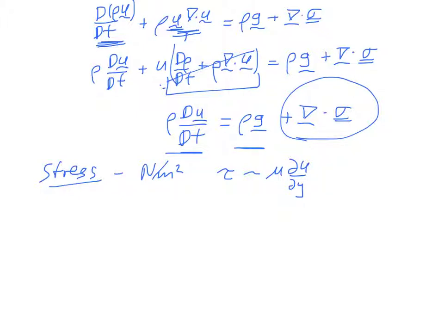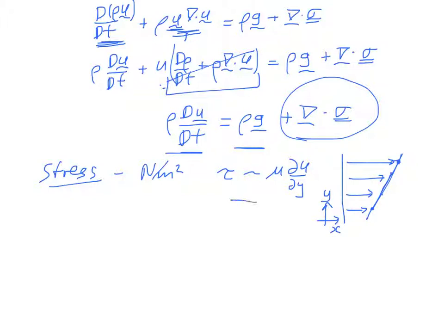For example, let's say we have set up a little coordinate system here on the right, where we have x in that direction and y in that direction, and let's say we have a velocity field with some shear. Then stress is the process by which viscosity will transfer this momentum from the high momentum regions to the low momentum regions.